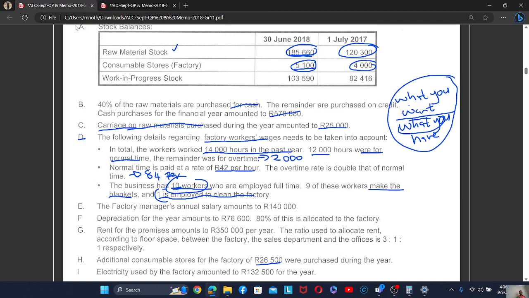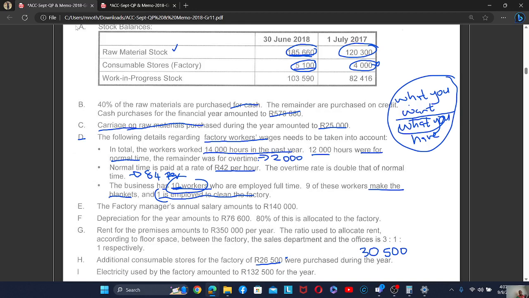So by adding these two, 4,000 and 26,500, this means that now we have 30,500 of the indirect material, right? But then now we are being told the consumable stores that we used in the year. Okay, it's not the used, this 30,500.